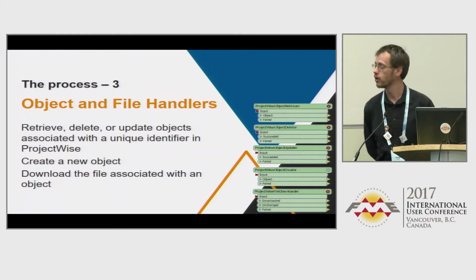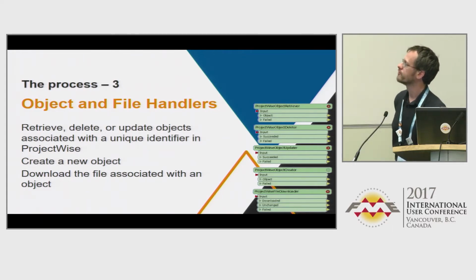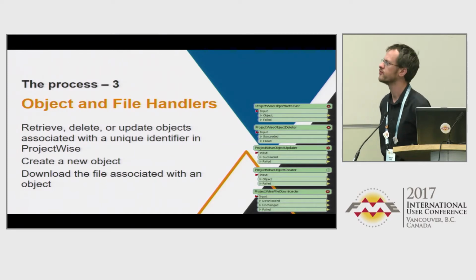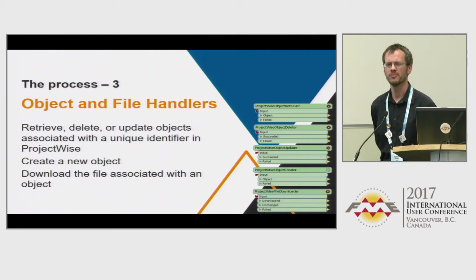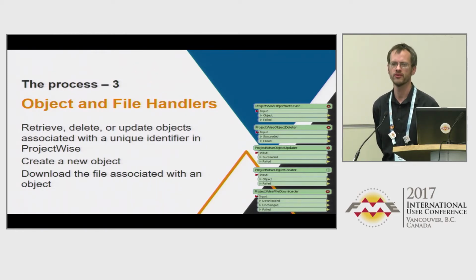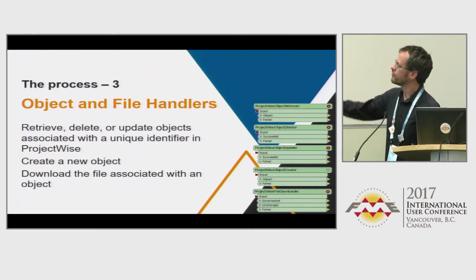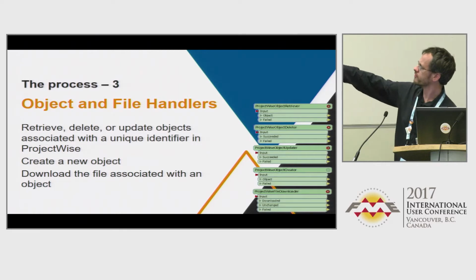But let's walk onwards. So there are then 4 different transformers for handling objects and files within ProjectWise. The difference between a file and an object is not that big, really. Basically, objects can be files or folders. A file is a particular type of object within ProjectWise. Sorry, did I say there were 4? There are 5 transformers here.